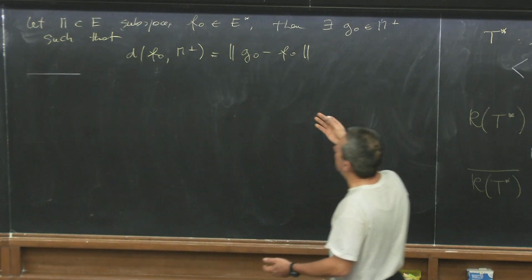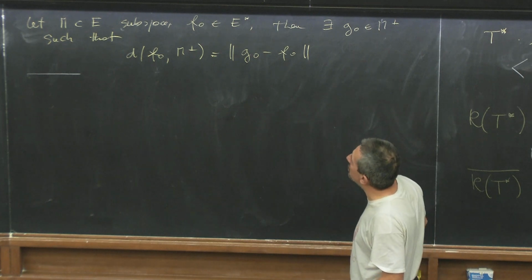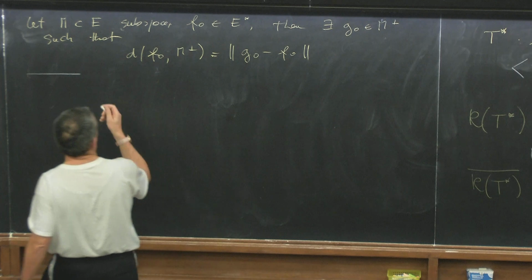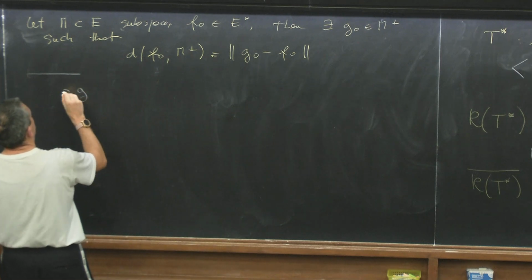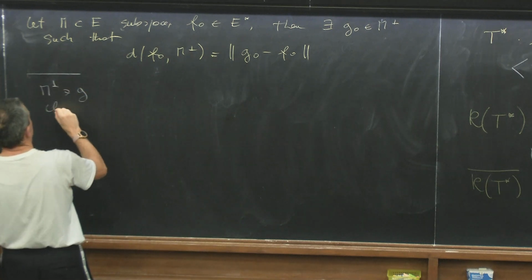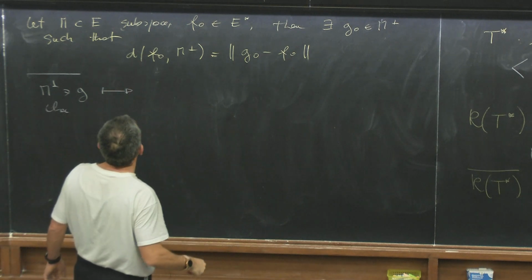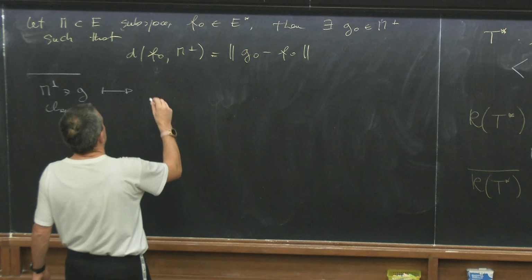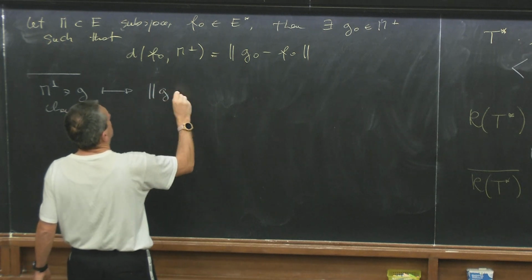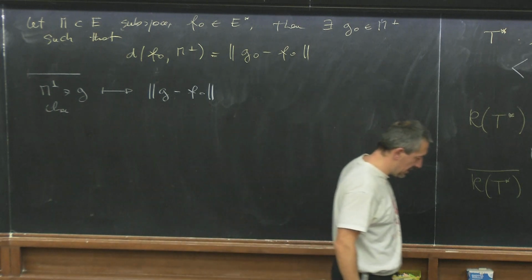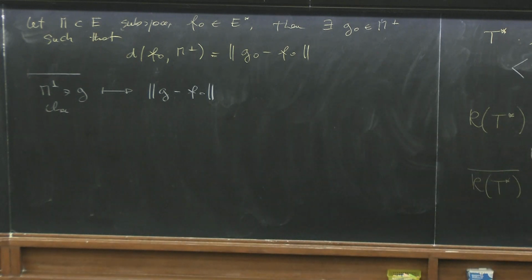I do it by hand, but okay, the distance is lower semi-continuous, and what is the compact set? So it says that you consider G, take the minimizer on M orthogonal, which is closed, of the norm of G minus F0.